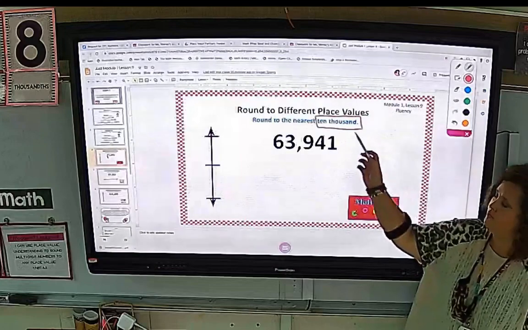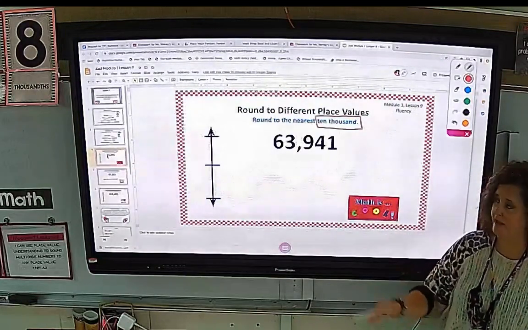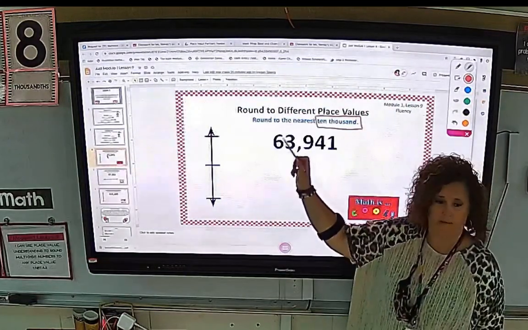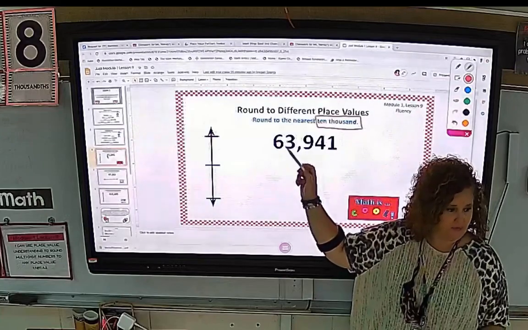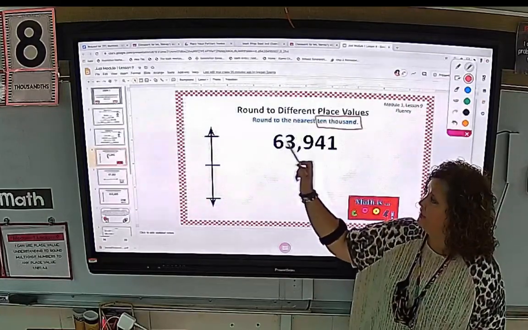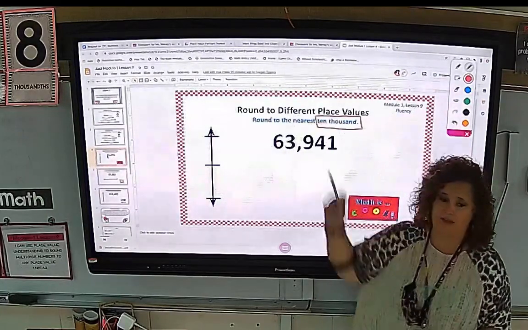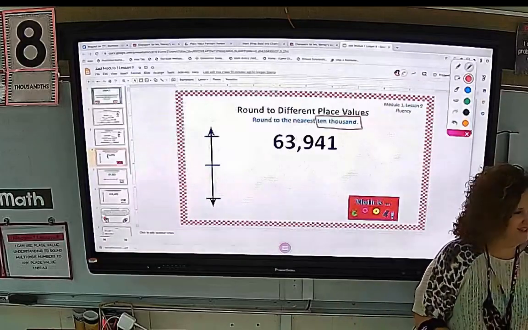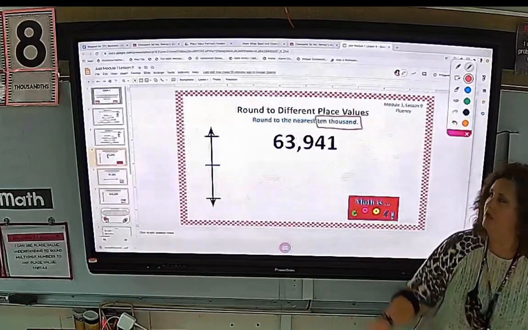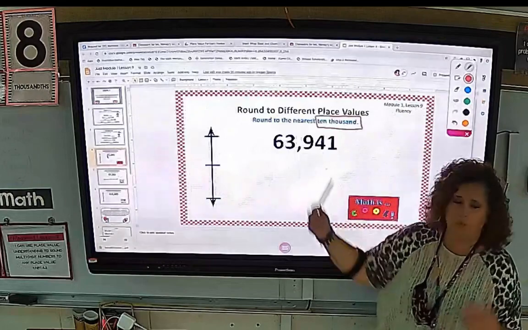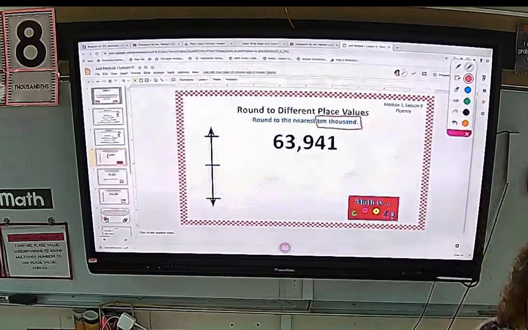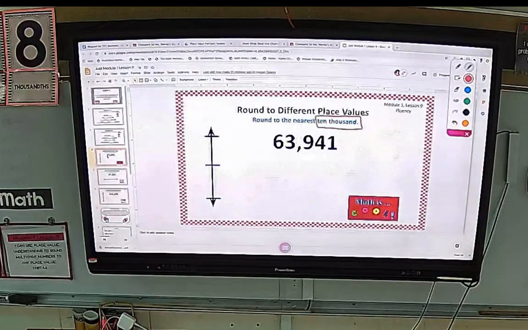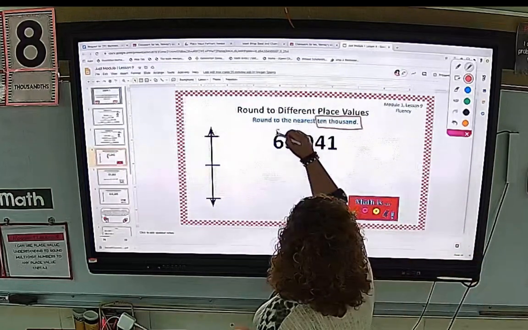If you're rounding to just the thousands place, you get to use all of that because all of that is in the thousands family. Even if there was another digit, that would all be in the thousands family. This is 10,000s. What digit is in the 10,000s place? Charlotte, which one? In the 10,000s place. Okay. So we know to go in and find that, right?